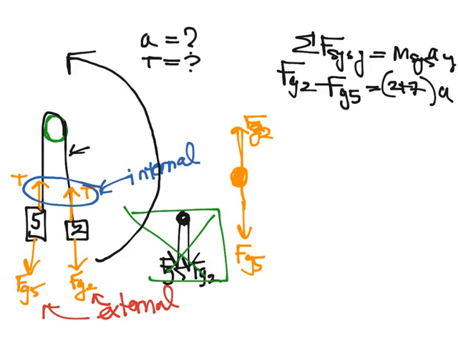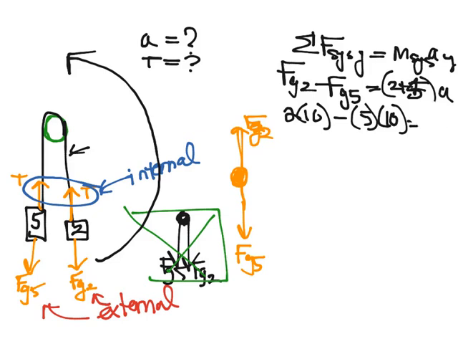Okay, Fg2 is going to be 2 times 10 minus 5 times 10, because these are mg, is equal to 7a. Oops, 2 plus 5 is 7a, not 9a, because I can't add.